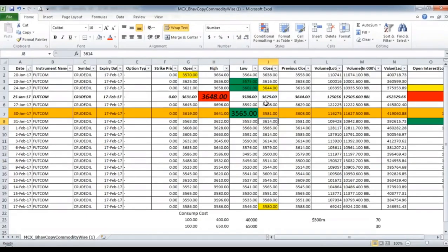Correct? Okay. Yes or no, guys? Are you able to understand this formation? Yes, sir.